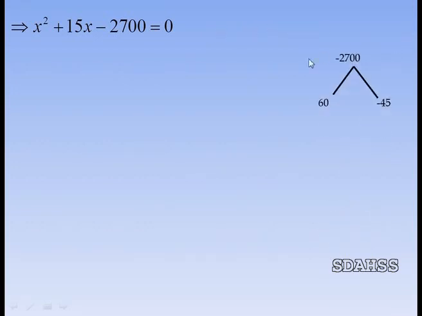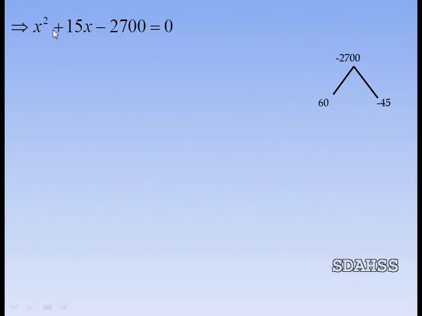So minus 2700 can be written as 60 and minus 45. If you multiply, you will get minus 2700. If you add, you will get 15. So in the place of 15x, you have to write 60x minus 45x.